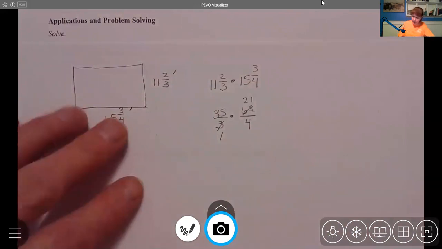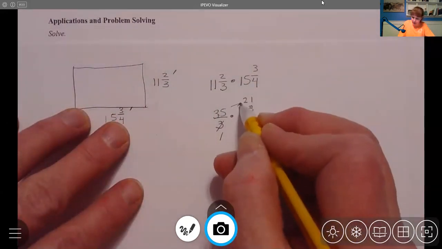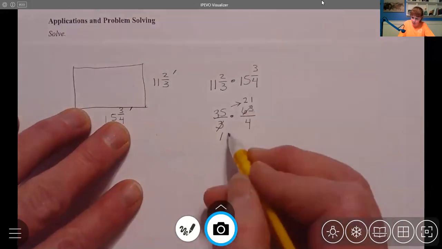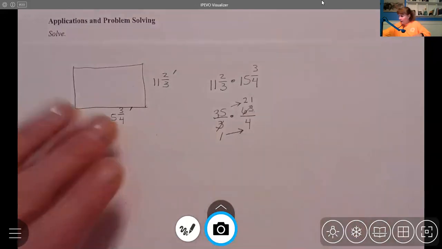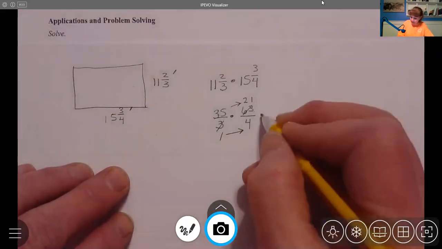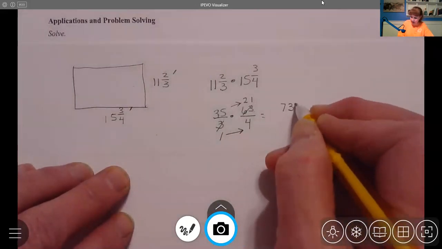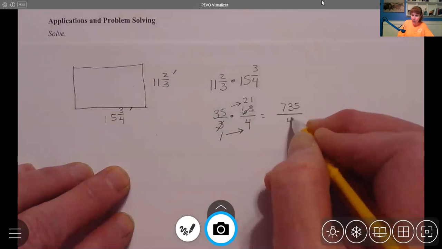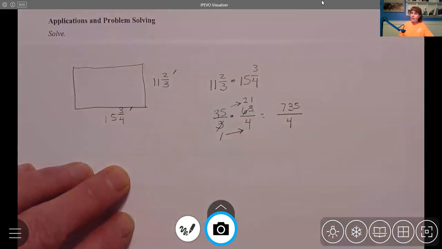So you're going to take 35 times 21, 1 times 4. Just to save a little bit of time, I'm going to take on my calculator 35 times 21. Ooh, 735 over 4. And then I'm going to go back to a mixed number.